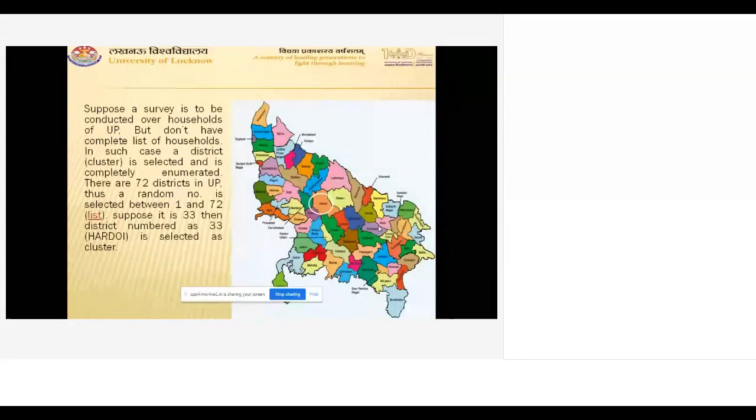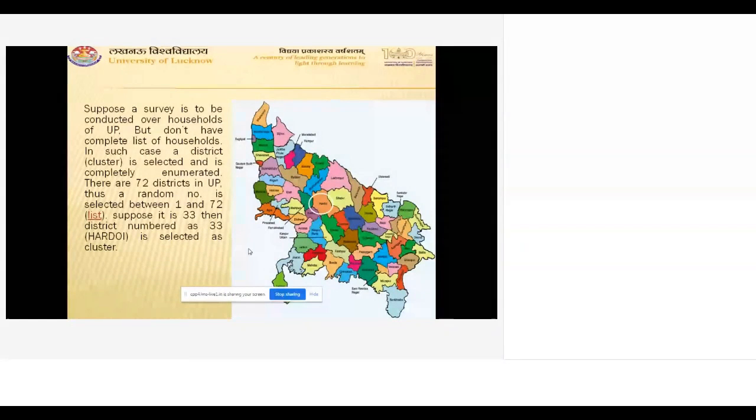Here you can see the map of the state of Uttar Pradesh, and we want to select one cluster. There are 72 districts in Uttar Pradesh, so we select a random number between 1 and 72. Suppose the random number comes out to be 33, then the district at number 33 in the list of districts will be selected as the sample.